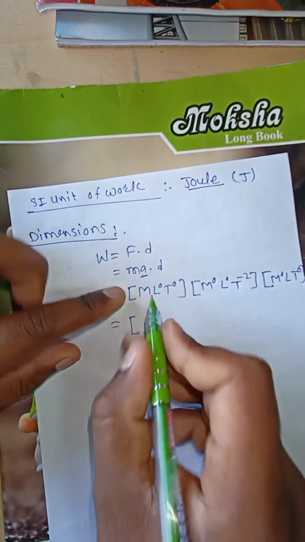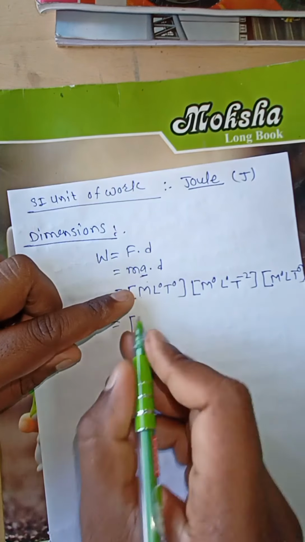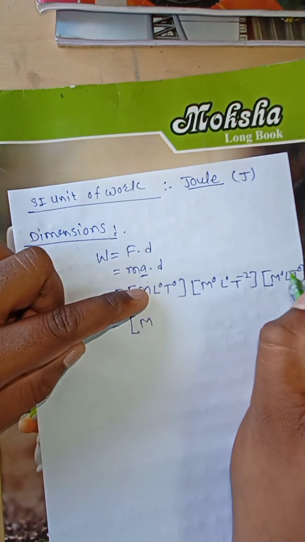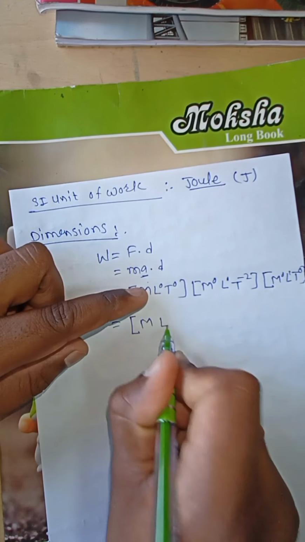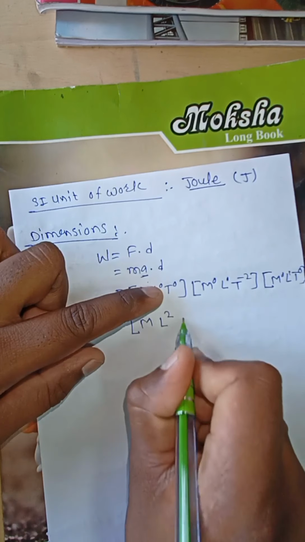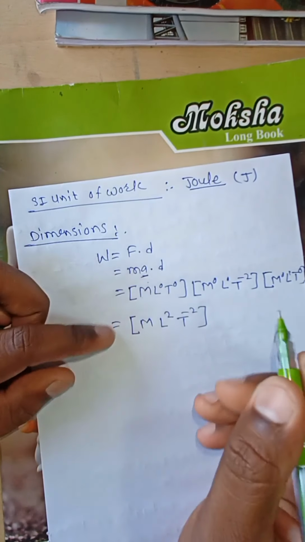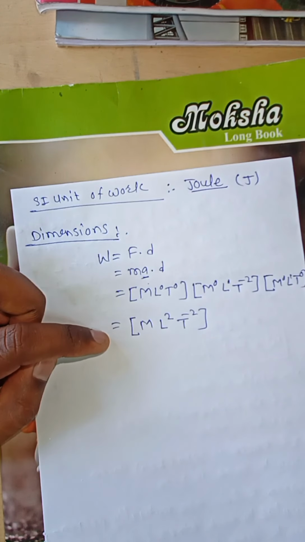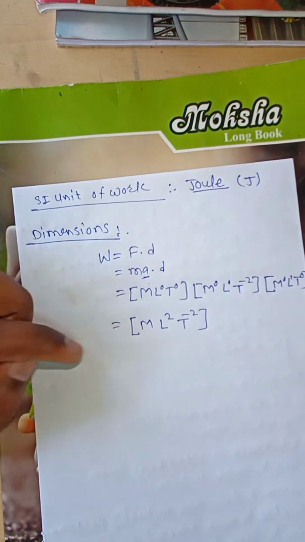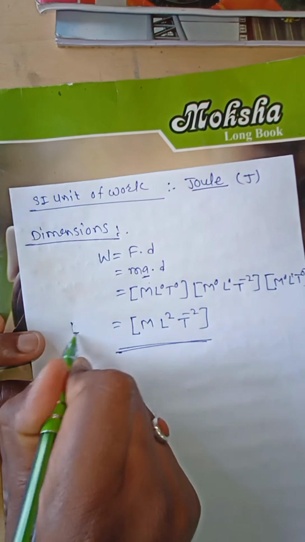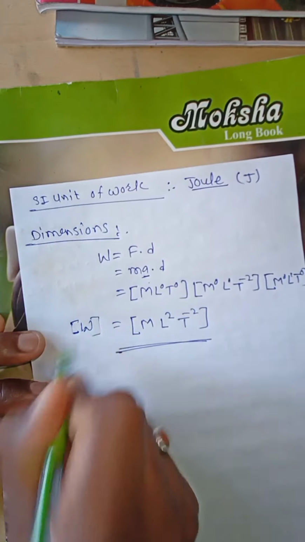Then adding all dimensions: m1, m0, m0 means m1; l0, l1, and this is also l1, means l2; t0, t to the power of minus 2, t0 means t to the power of minus 2. The dimensions of work is m1, l2, t to the power of minus 2. This is the dimensions of work.